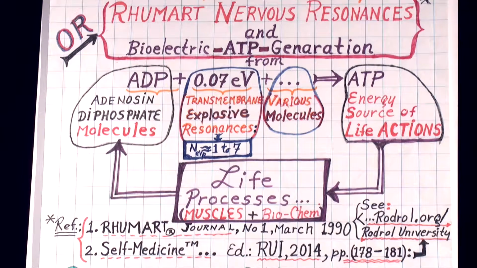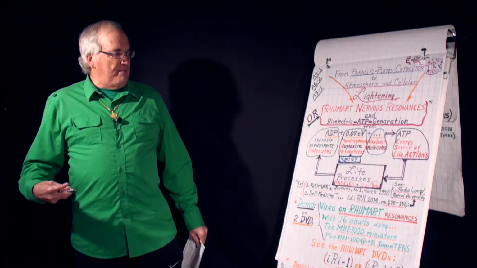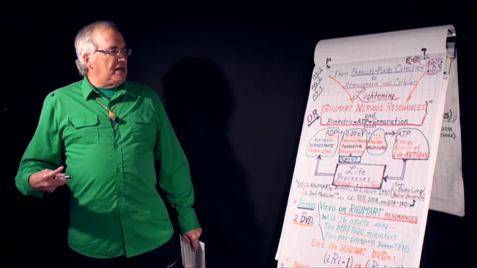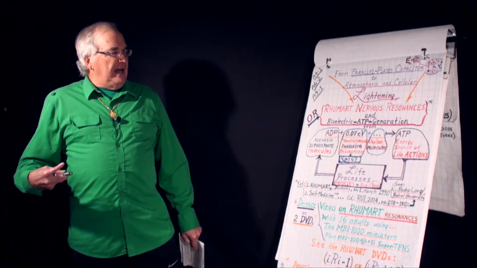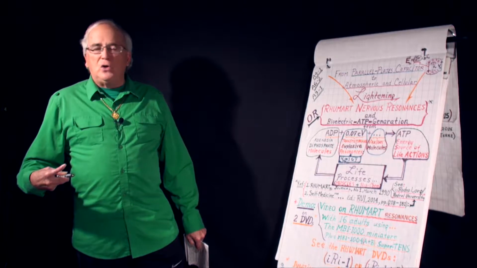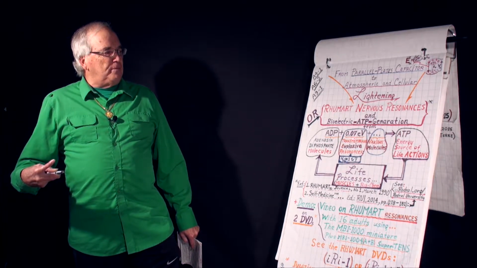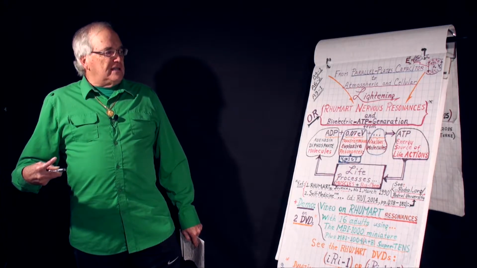In other words, when we have a nerve action potential across the cell membrane, it is just the right energy to help pass ADP to the next molecule and then to the next. So it's a multiple of 0.07. It could be 3 times that, 6 times that, or 1 time, or 7 times that.